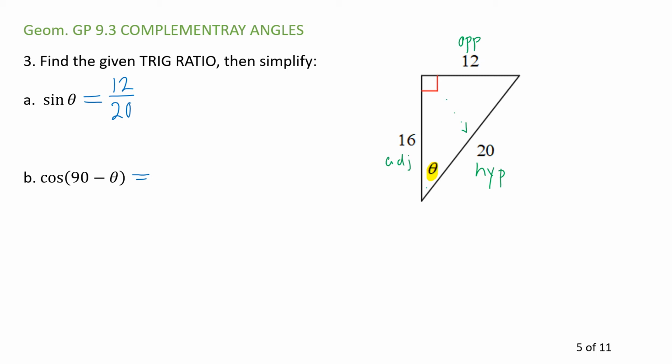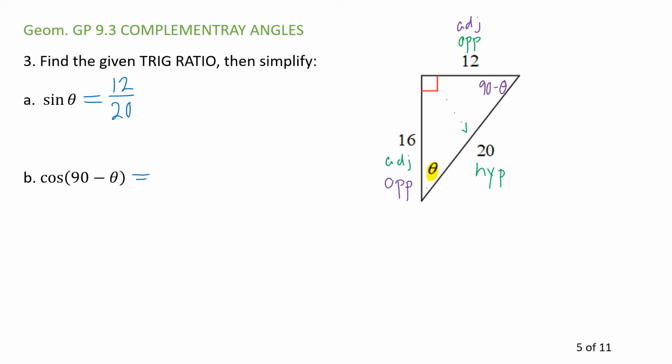The 90 minus theta has to be this angle up here. If I'm standing up at this corner and I'm looking for the cosine, this automatically becomes the adjacent side. And this, of course, is the opposite side. The hypotenuse stays the same.